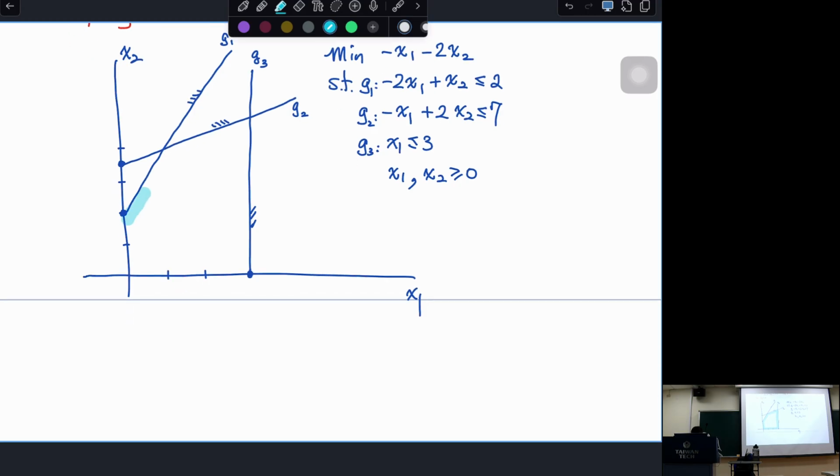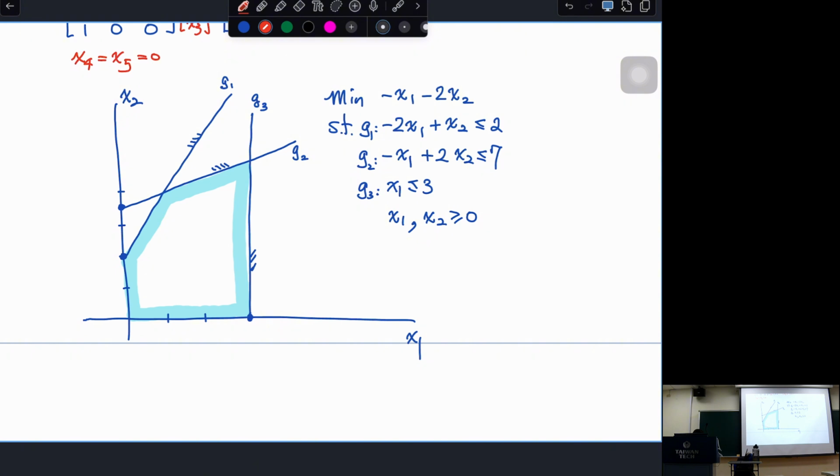Okay, and what does the objective function look like? The contour of the objective function is like this. So here is decreasing. Okay, that's the objective function. So if you try to solve it by hand, and every time try to figure out what's the value of x1 and x2, you will realize actually when we first initiate the problem, we start with 0, 0.